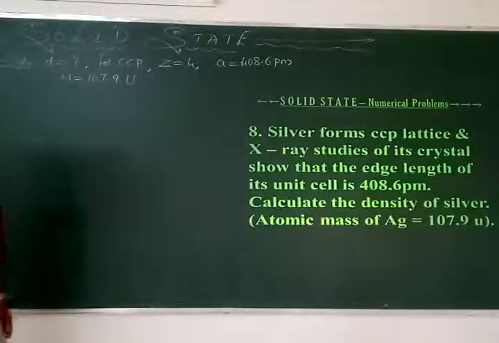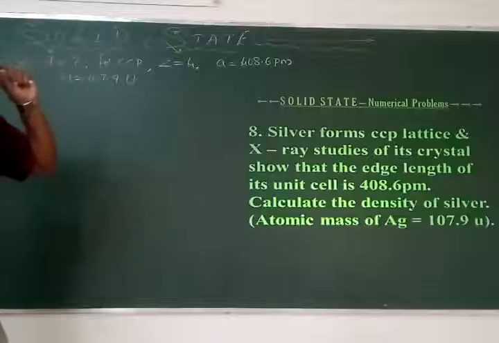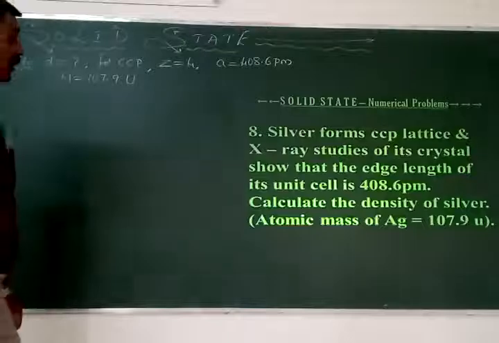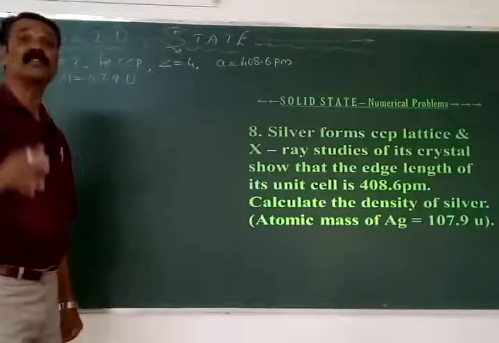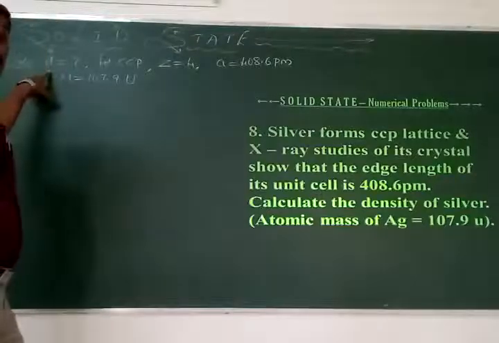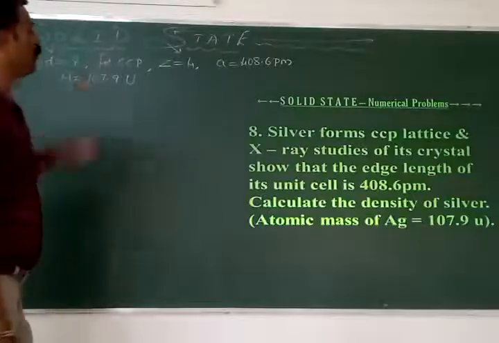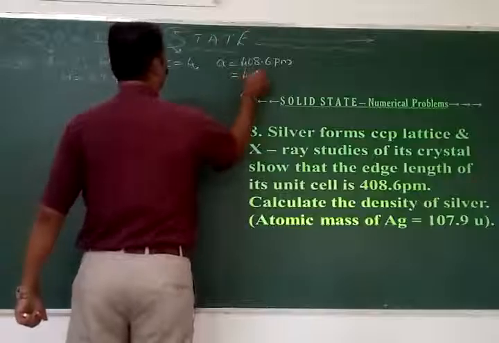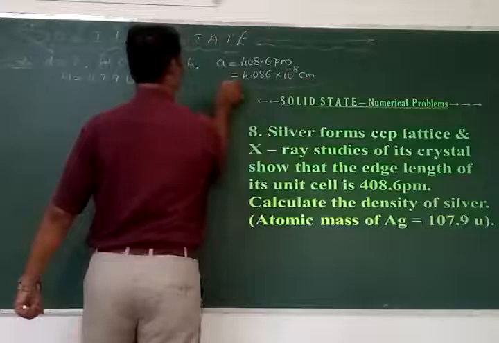If picometer is given, we can convert that either to centimeter or meter. As it is gram per mole, the density must be gram per cm cube, so the edge length has to be in centimeter. So here it is directly written as 4.086 into 10 to the power of minus 8 centimeter.